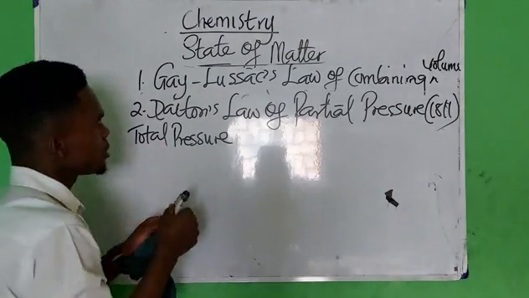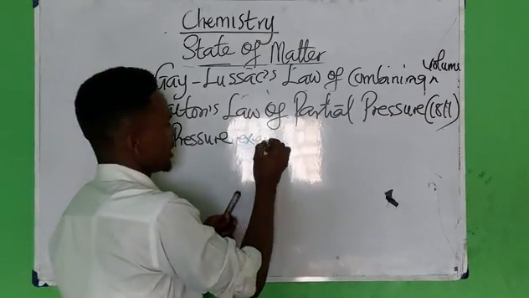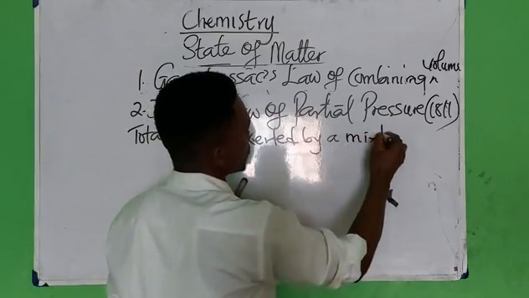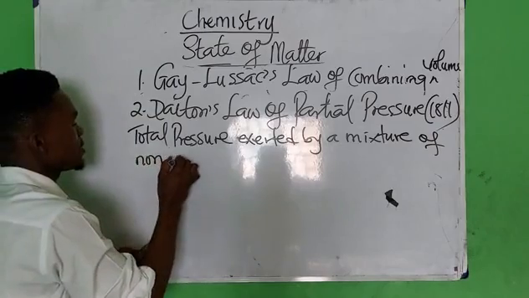Let me put it this way. This law states that the total pressure exerted by a mixture of non-reactive gases is equal to the sum of the individual gases that make up the mixture.